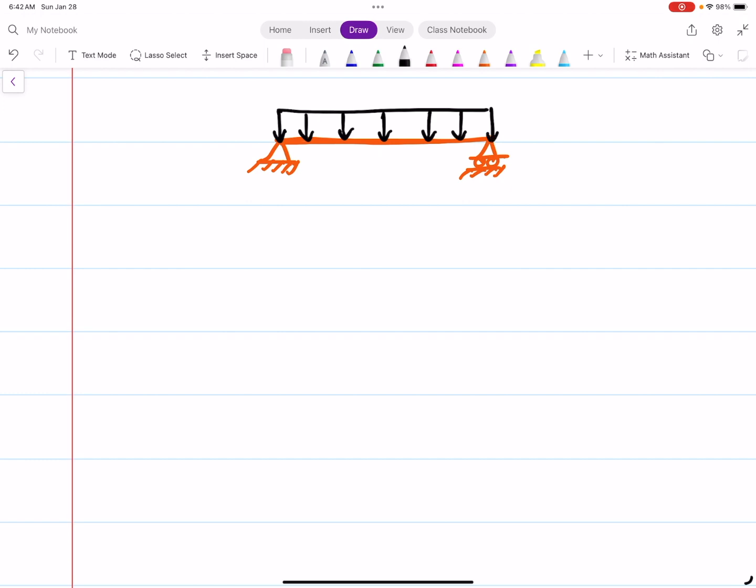It is 3 kilonewton per meter and the length is 4 meters.